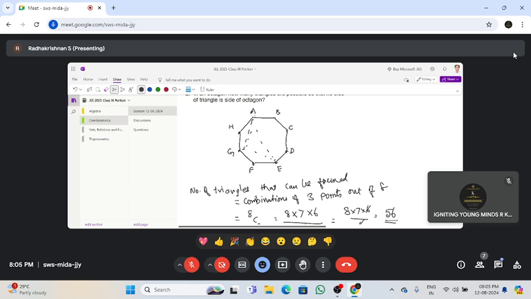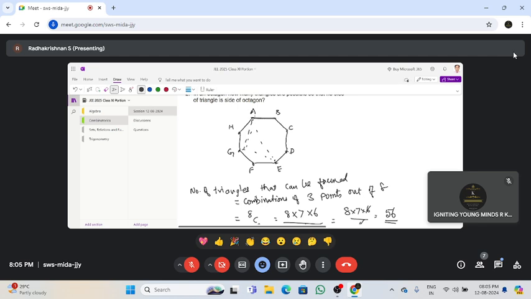Now, you see in how many triangles the side of the octagon will become a side of the triangle. Okay. Let us say we take AB.